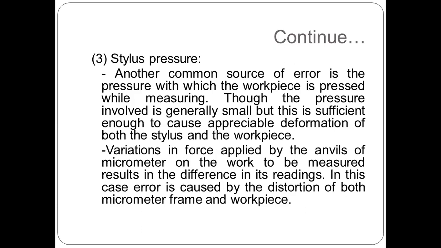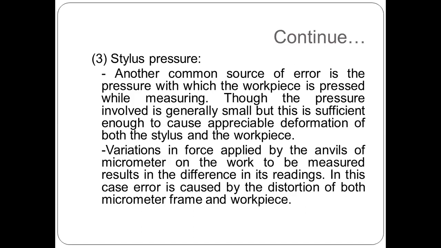Next is stylus pressure. Another common source of error is the pressure with which the workpiece is pressed while measuring. The comparator device by which you measure the roundness or thickness of a particular part uses a stylus. The pressure exerted by the stylus over that product should be adequate.